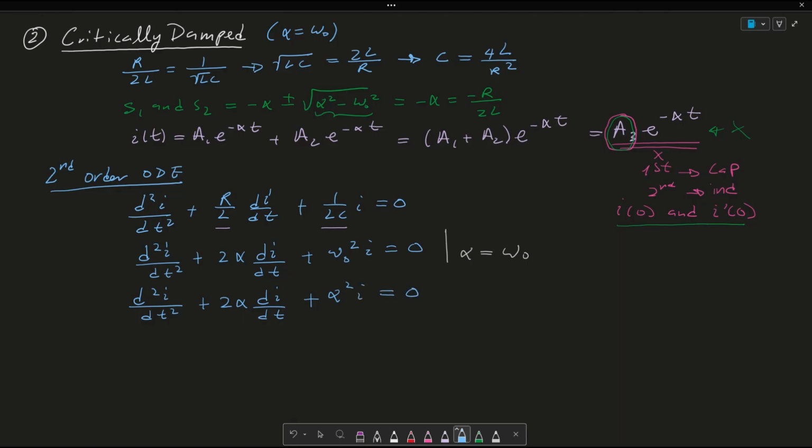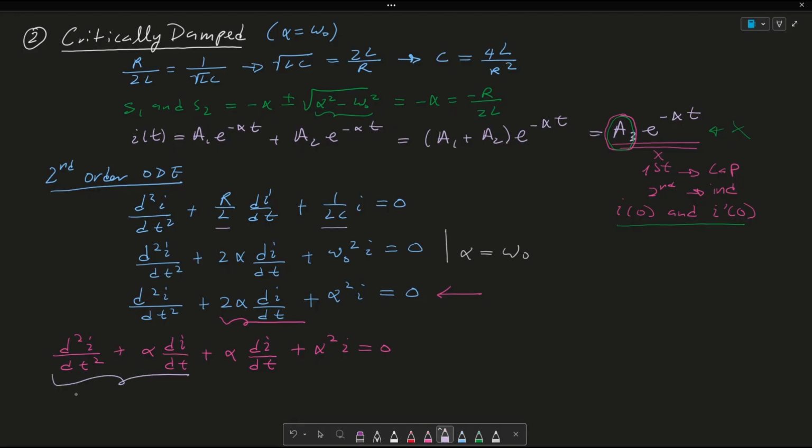is equal to 0. So now the solution to this problem becomes a little bit more tricky, but what I'm going to do here is rewrite this as d squared I over dt squared plus, I'm going to separate this term into alpha dI over dt plus alpha dI over dt plus alpha squared I is equal to 0.